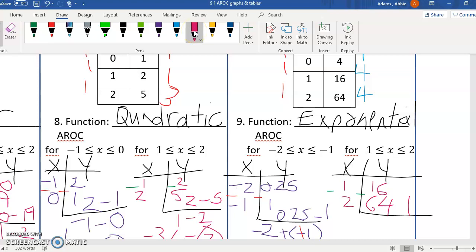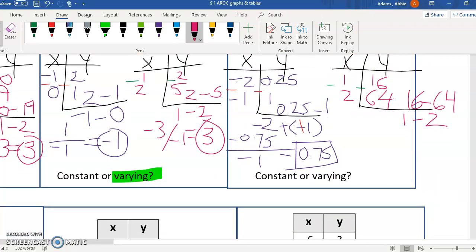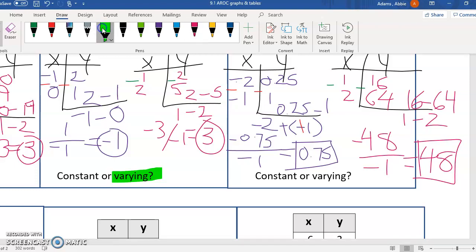Using our slide, we're going to see that 16 minus 64 is divided by 1 minus 2. This is going to simplify to negative 48 divided by negative 1, which is going to give us an average rate of change of 48. Whew, that's a big average rate of change. Notice, though, comparing them, 0.75 definitely does not equal 48. So our average rate of change for the function is varying.